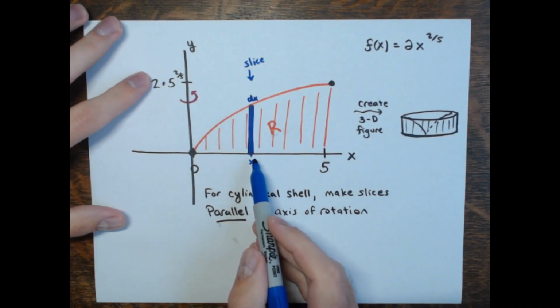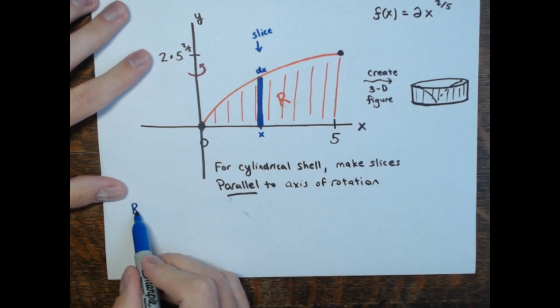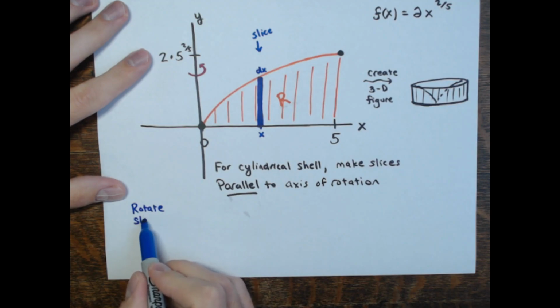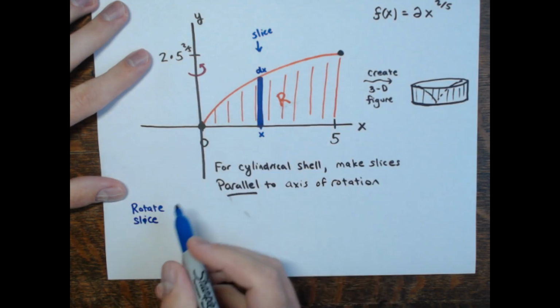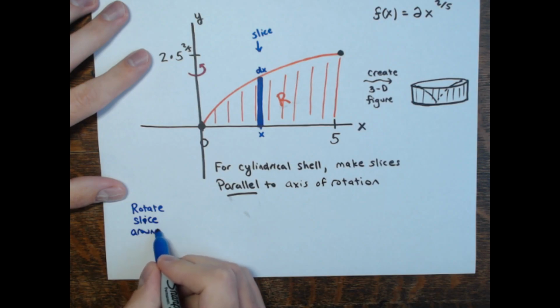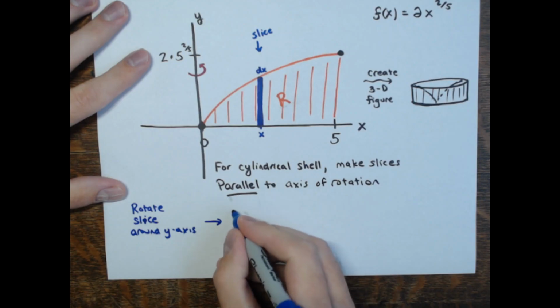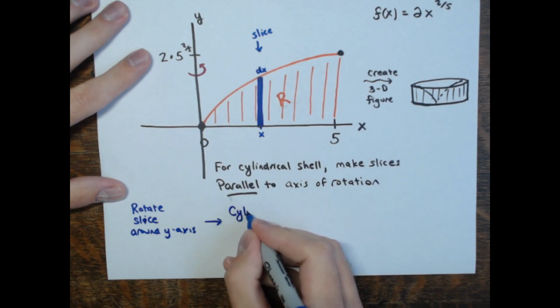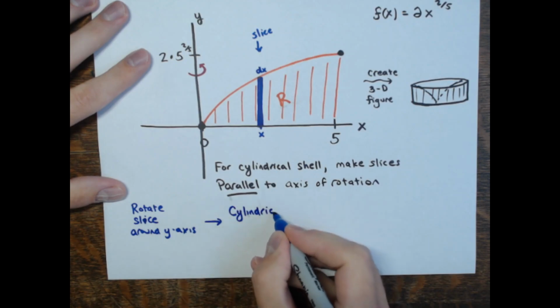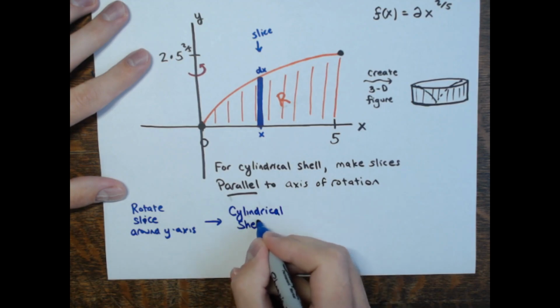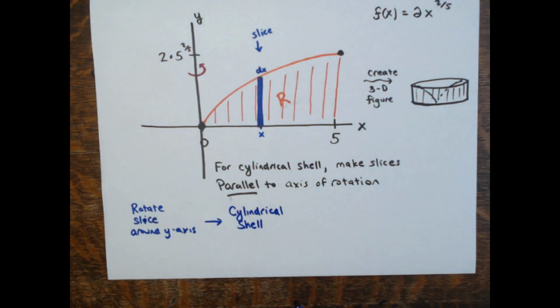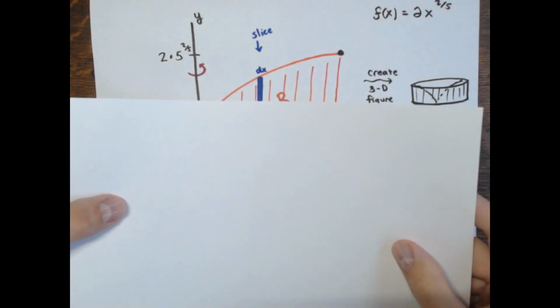Now, if I take this slice, this little rectangle, and revolve it around the y-axis, what's being created here is going to be called a cylindrical shell. And it really is just like a rolled up piece of paper. I know this might not be super visible to you, but here's a piece of paper.